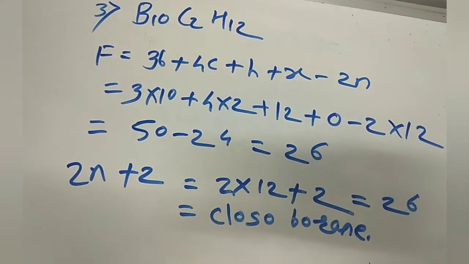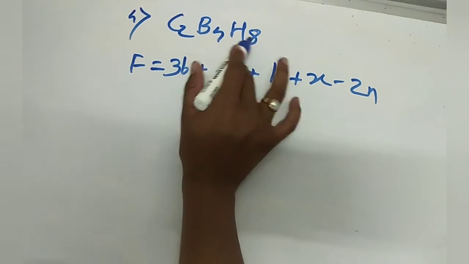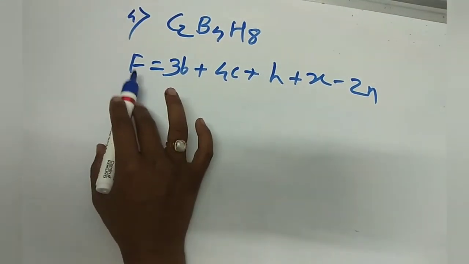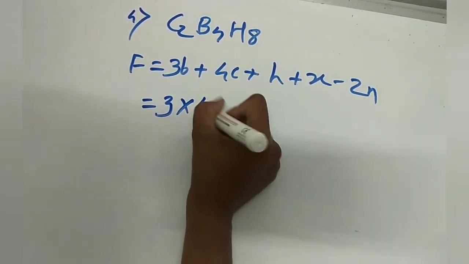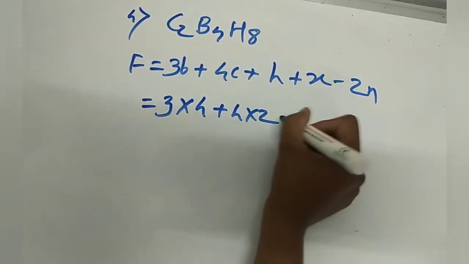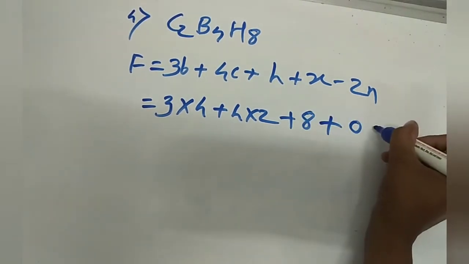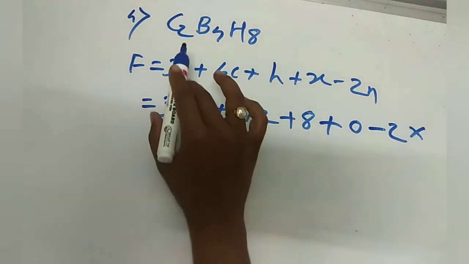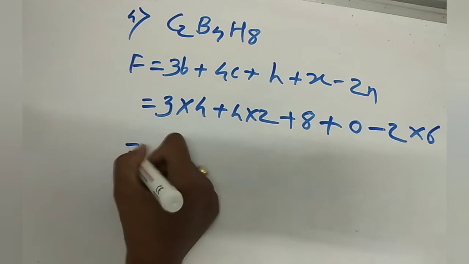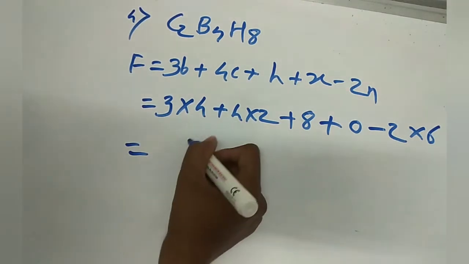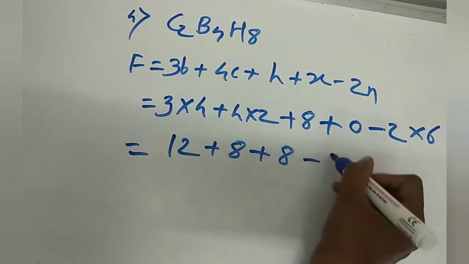Now we consider example number 4. Here is the example C2B4H8. Again we are using the same formula. After putting the value, 3 into 4 plus 4 into 2 plus hydrogen atoms 8 plus charge 0 minus 2 into n, which is nothing but the combination of B and C, 4 plus 2, 6. After solving this we are getting 12 plus 8 plus 8 minus 12.